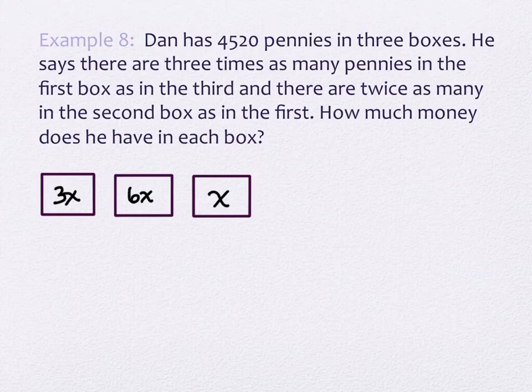All right, this is a good place to start. Now it says, how much money does he have in each box? So what do we know about all these boxes? Total. They're equal to the total number of pennies, right? So how many x's do I have here?